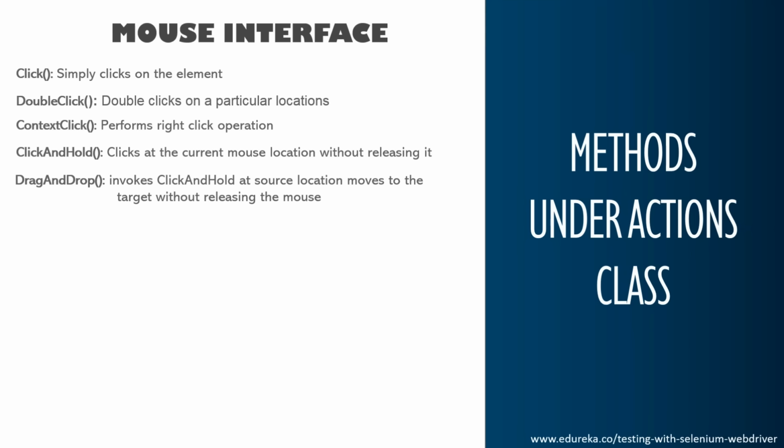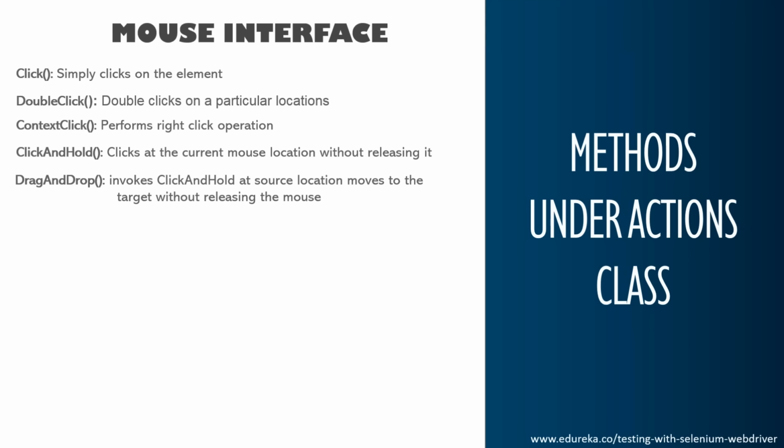So let's see what this drag and drop is all about. This method invokes the click and hold at the source location and moves to the location of the target element before releasing the mouse. It basically has two fields, which are the source and the target. Source holds the location of the element that has to be grabbed, and the target holds the element that has to be released.